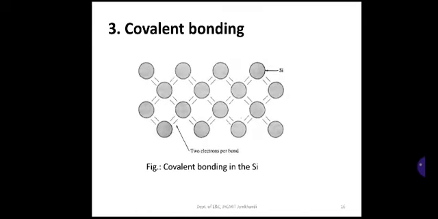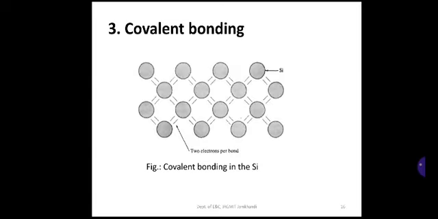The third one is covalent bonding. The figure shows covalent bonding in the Si crystal, that is, silicon crystal. Covalent bonding is exhibited by the diamond lattice semiconductor. This type of bonding happens in fourth group elements like silicon Si, germanium Ge, carbon C, etc. Si has atomic number Z equal to 14, that is, its electronic configuration is 1s2, 2s2, 2p6, 3s2, 3p2.